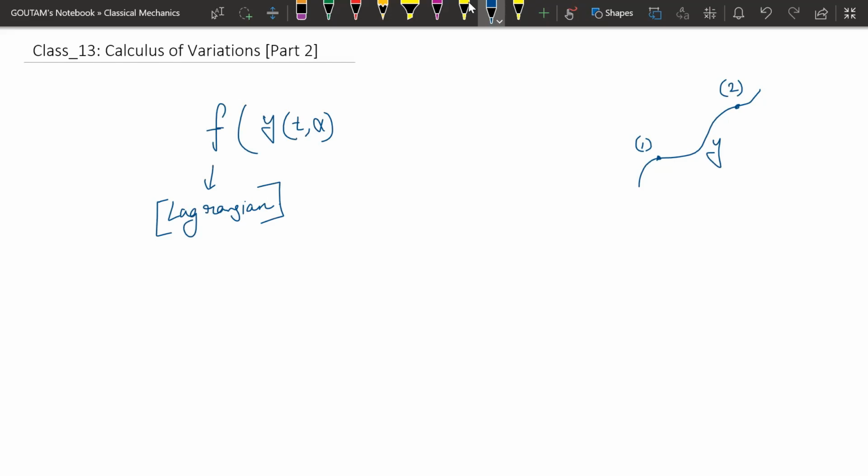If alpha is something else, the path will be a different path. So this f is a function of y, y dot, and time.